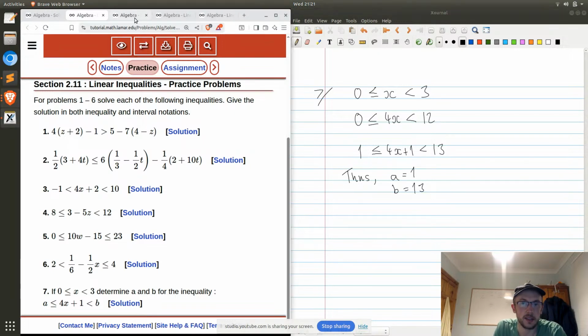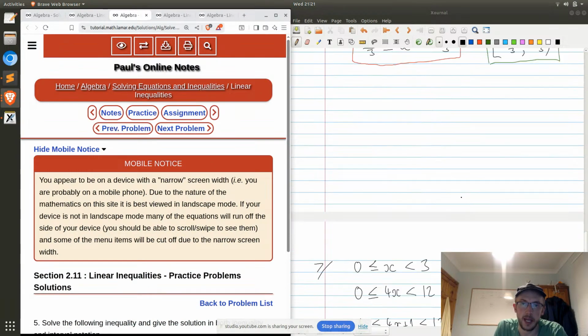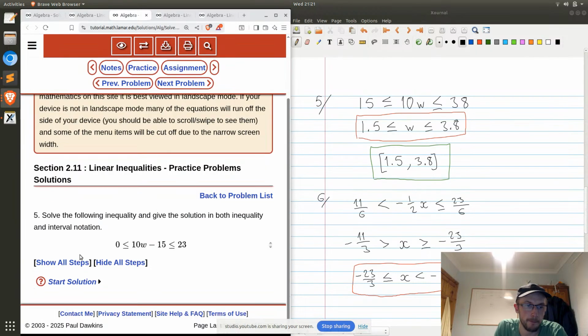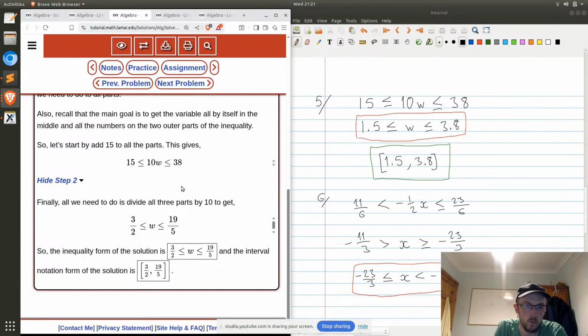And now we check. Everything must be checked. Okay, so they've decided to use rational numbers, and that's fine. These are equivalent decimals.